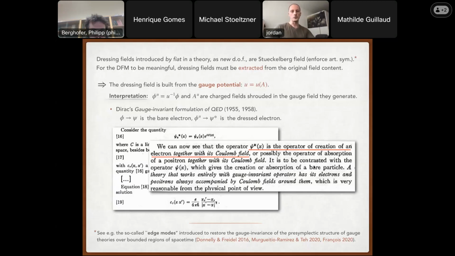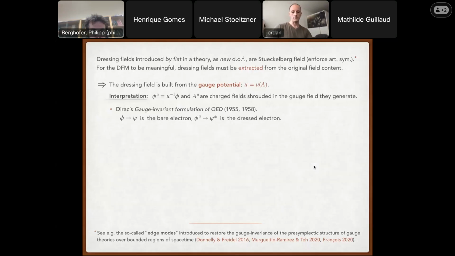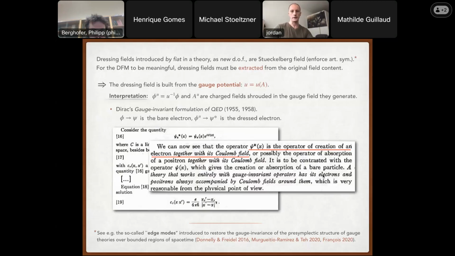And he goes on to say that a theory that works entirely with gauge invariant operators has its electron and positron always accompanied by Coulomb fields around them, which is reasonable from the physical point of view, which indeed I find reasonable too, because it is gauge invariant and physically sensible.